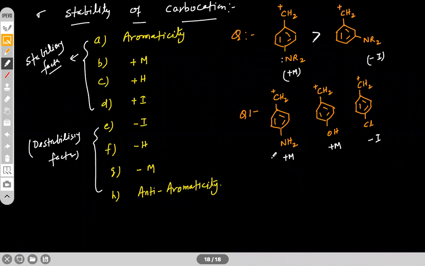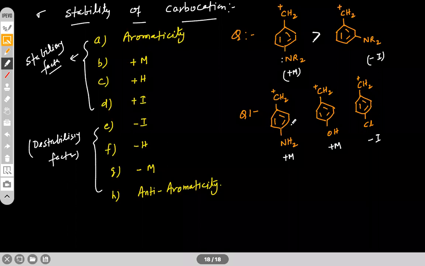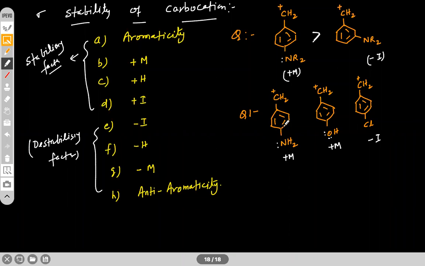Now in these two, both show plus M. So the one which has more tendency to release electrons stabilizes the carbocation most. Correct? So nitrogen has one lone pair, oxygen has two lone pairs, and nitrogen is less electronegative than oxygen, and hence its electron releasing tendency is more than that of OH.